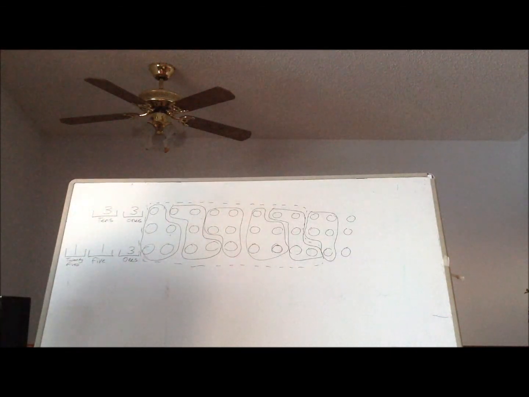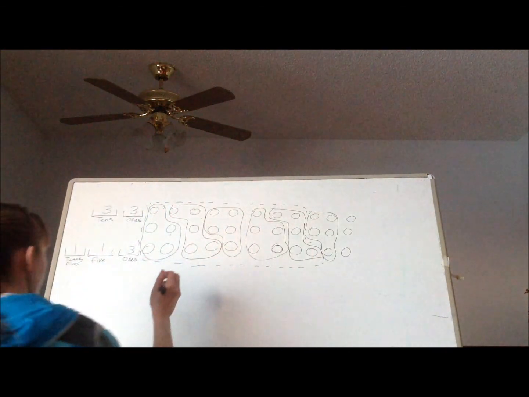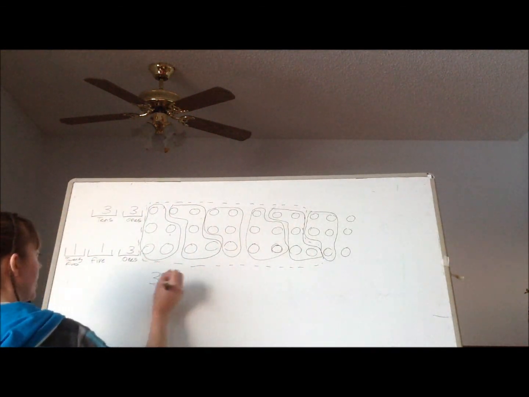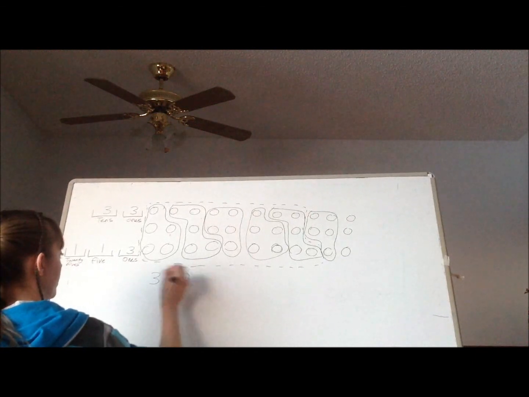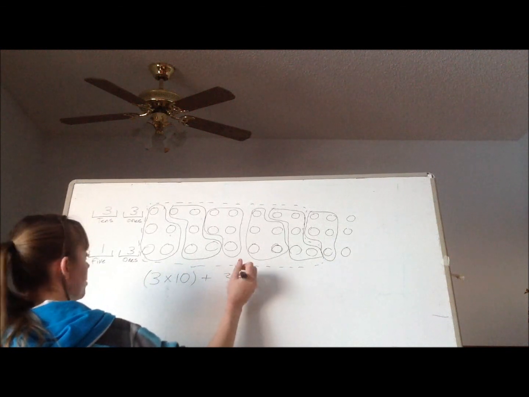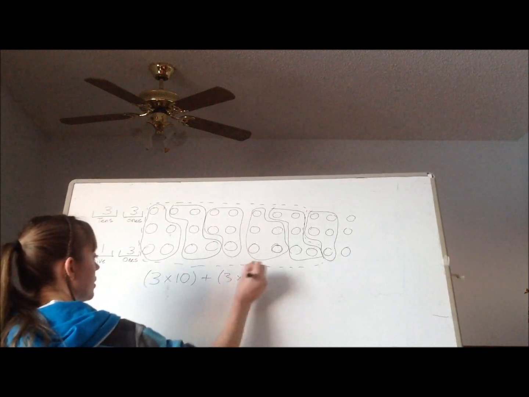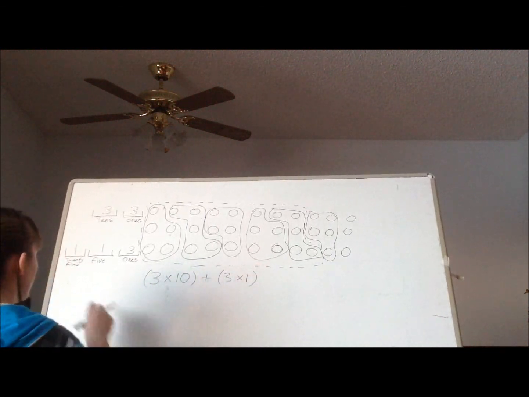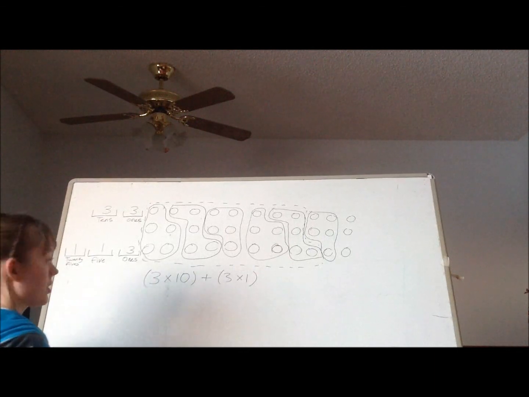So if we wanted to convert that over to 10s, what would that look like? Well, what would it look like if we did 33 in scientific notation? That would look like 3 times 10 plus 3 times 1. Well, it's the same if we're counting in base 5.